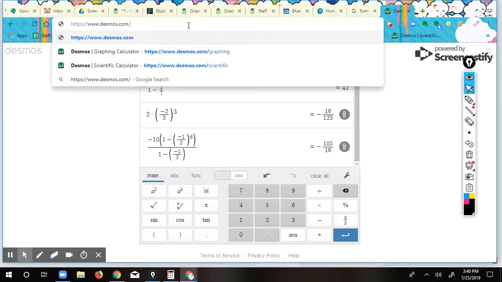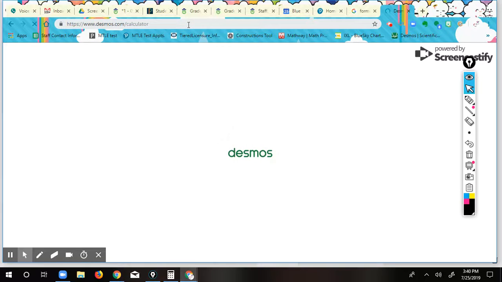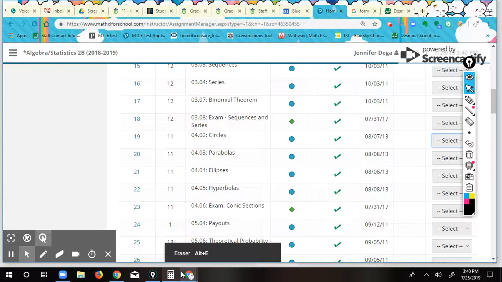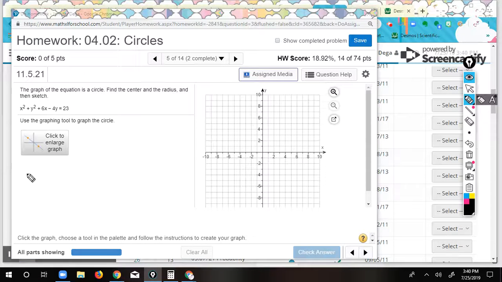So you can go to the graphing calculator by just typing in desmos.com/graphing. And let's go ahead and just type in that equation. Unfortunately, we'll have to type the whole thing in, but that's okay.